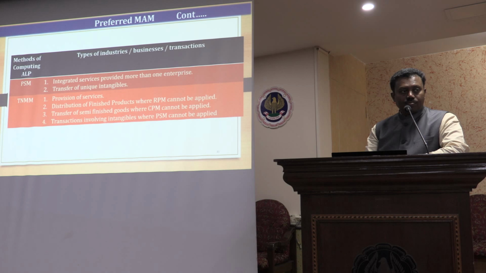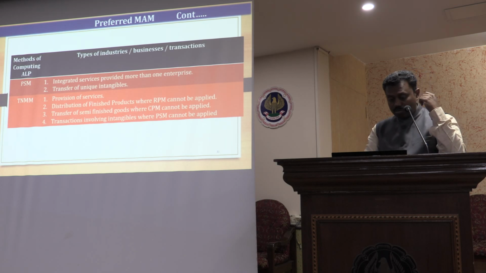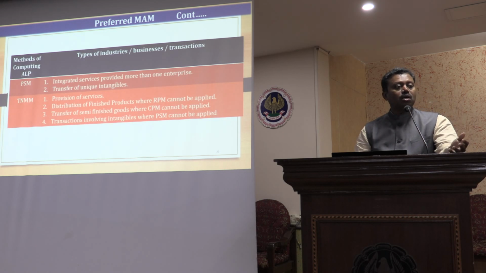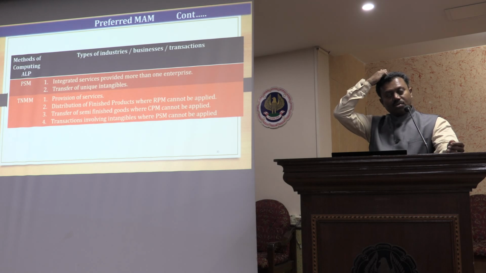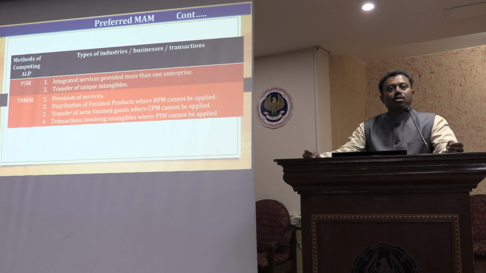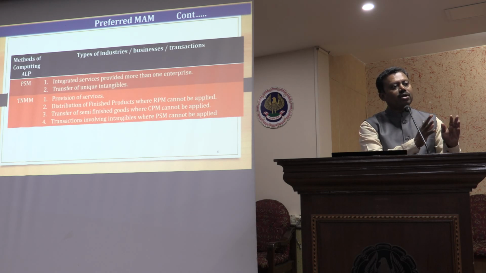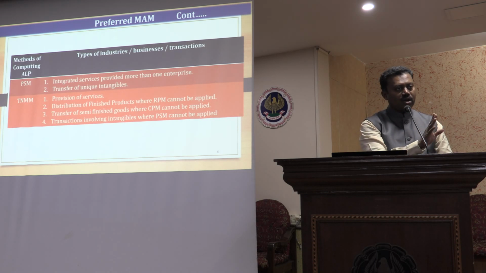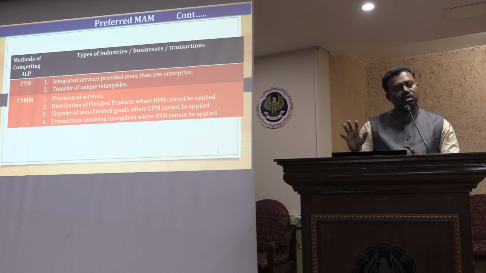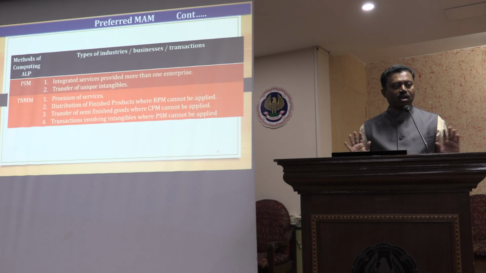So can you give an example of the unique intangibles? Transfer of unique intangibles. That is, right now, you have a new method in which your car can run. He has another nice formula for how your car can run. Is it unique?